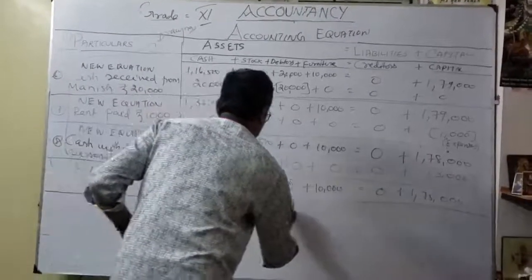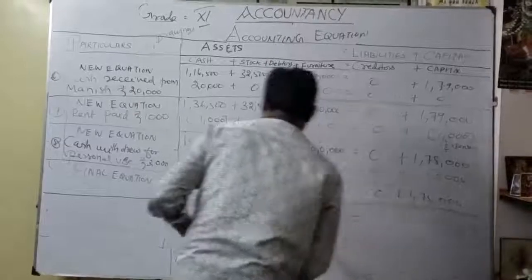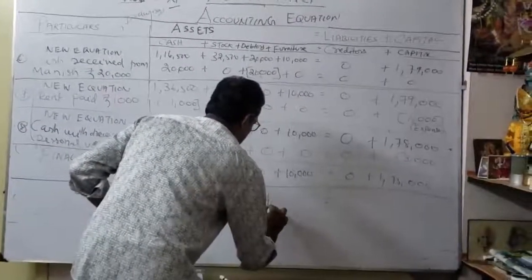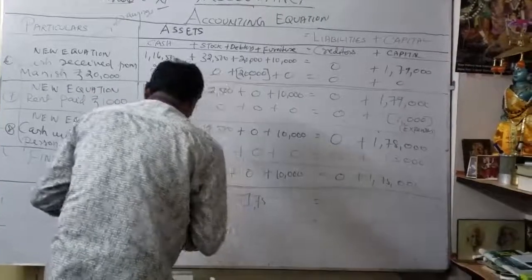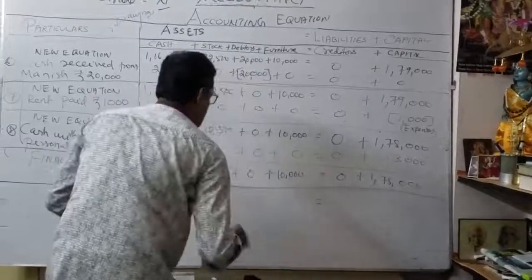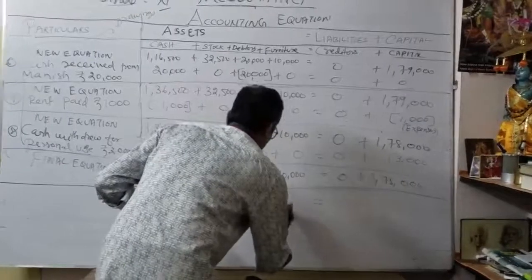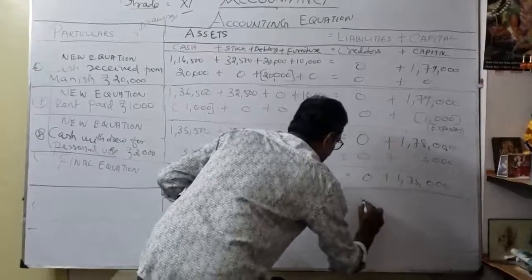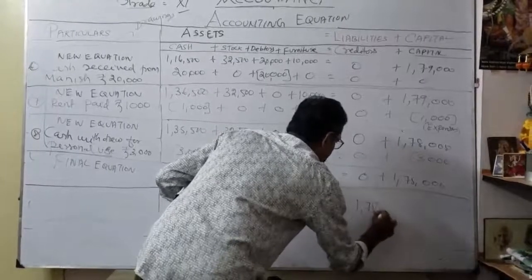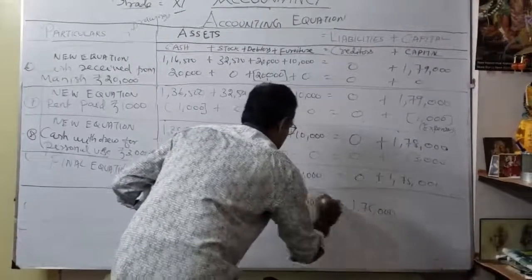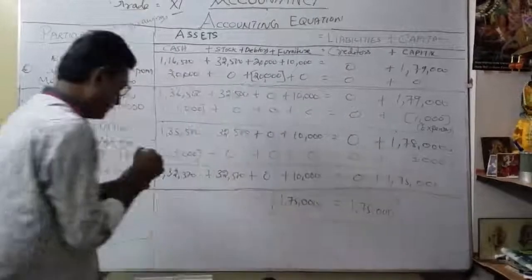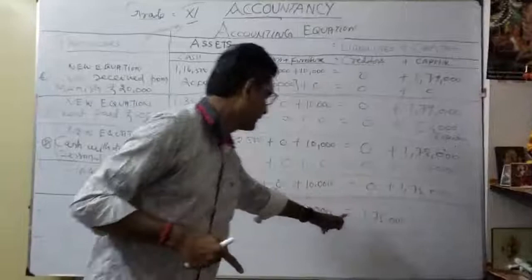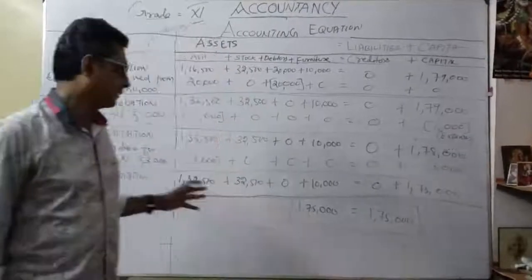If you write both sides and total them, the assets become 1,75,000. My liabilities plus capital also become 1,75,000. That's our answer. Both sides, assets equal to capital plus liabilities, 1,75,000. The assets are also 1,75,000. Now understood?